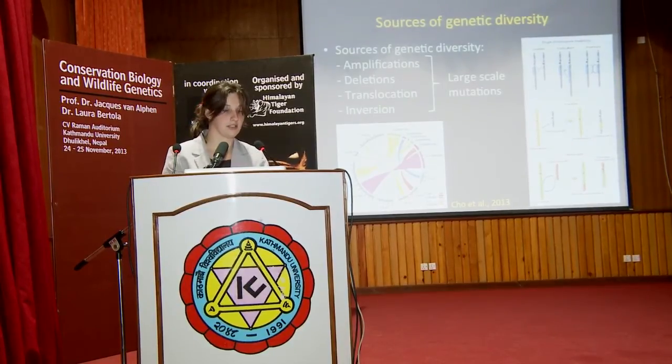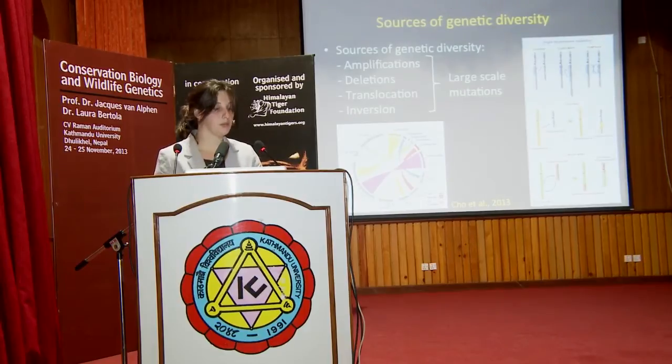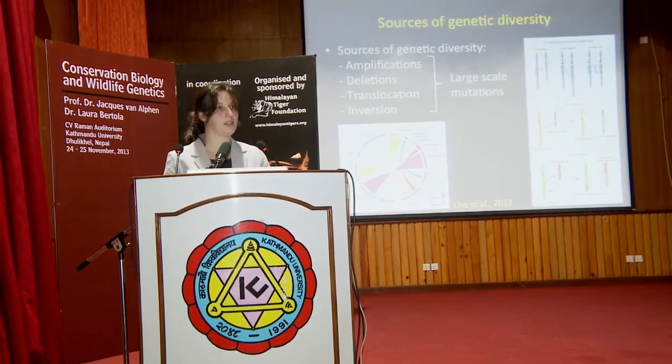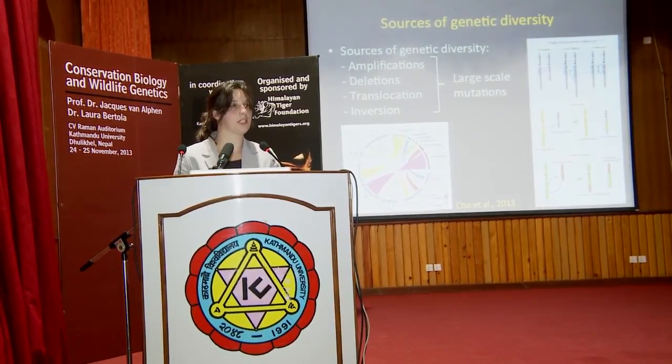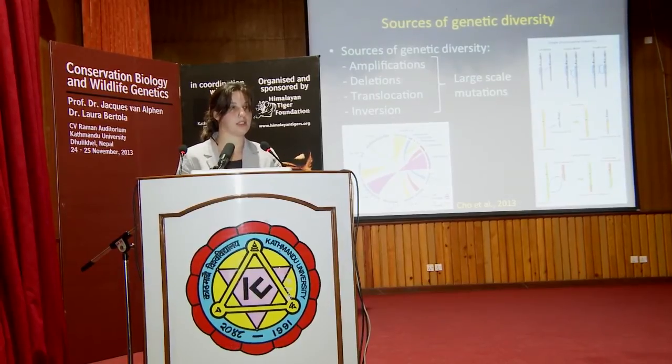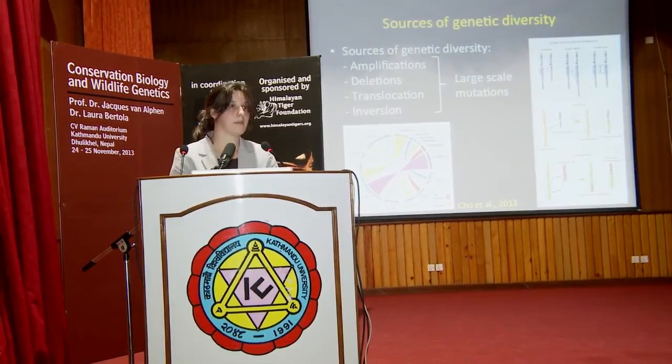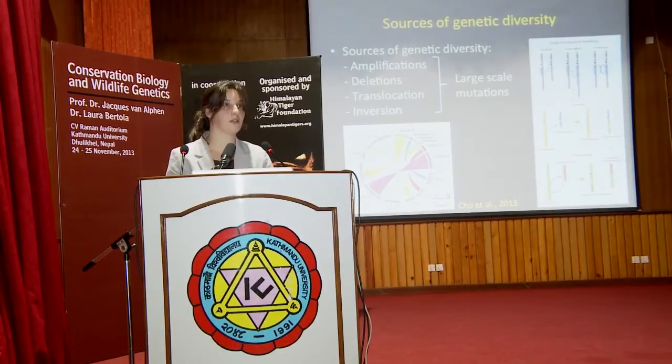For instance, the one with the yellow shading was split up. Although it was found as a single entity in tiger, if you compare it to cat or dog, you would find the same pieces back on different chromosomes. So this really nicely illustrates that if you compare different species with each other, sometimes there are these chromosomal rearrangements. So this genomic architecture plays a role in there.